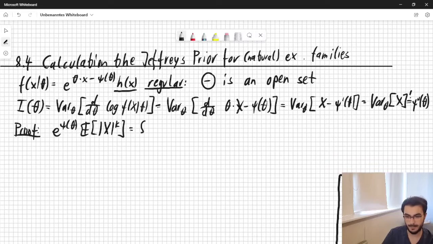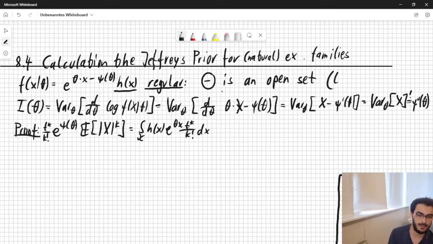That's equal, since the psi part cancels out, to the integral over h of x times e to the power of theta times x. And now I'm going to multiply both sides with some small value t to the power of k divided by k factorial, where we choose t such that theta plus or theta minus t is still in the parameter space. We can do this since the parameter space is open.